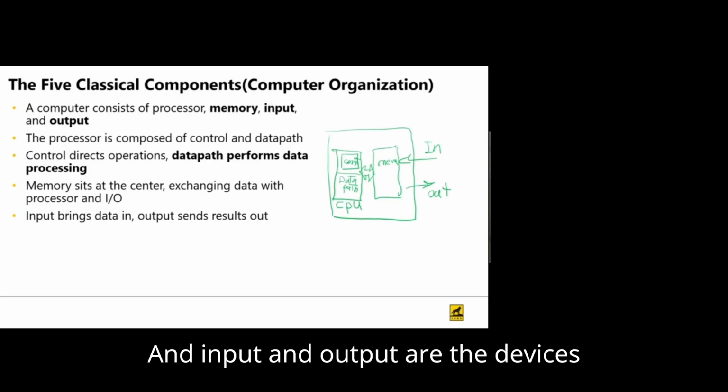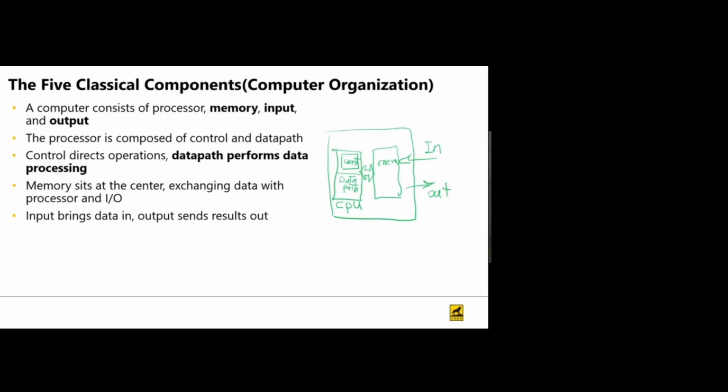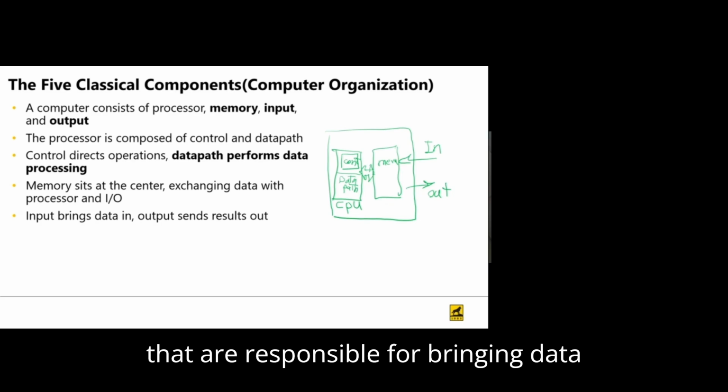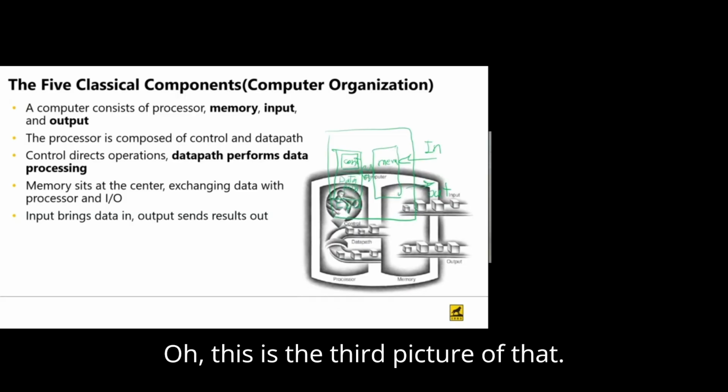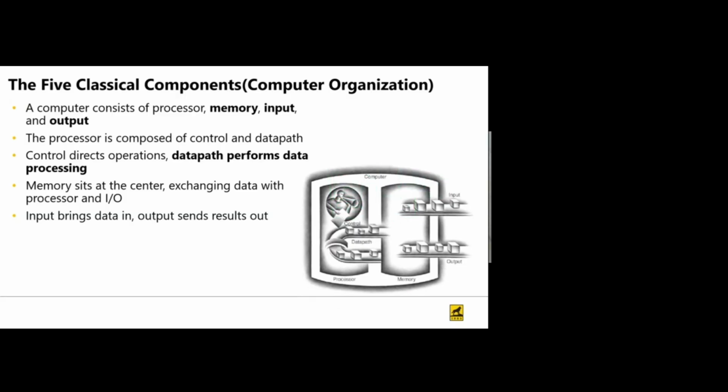And input and output are the devices responsible for bringing data in or sending data out to the printer, to the screen, to any output device that you have. Oh, this is a better picture of that.